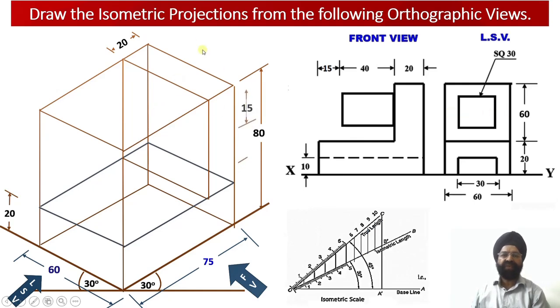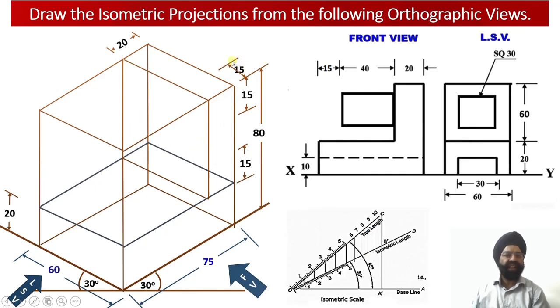Now these dimensions we are going to plot over here. So please check, this is 15 millimeter from the top surface, we have marked 15 millimeter over here, and similarly 15 millimeter from the bottom surface. Corresponding to these two dimensions, now two horizontal projection lines I can draw.